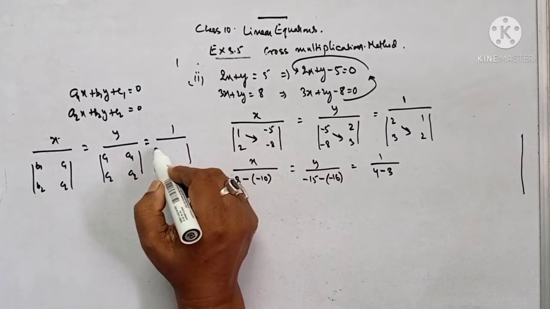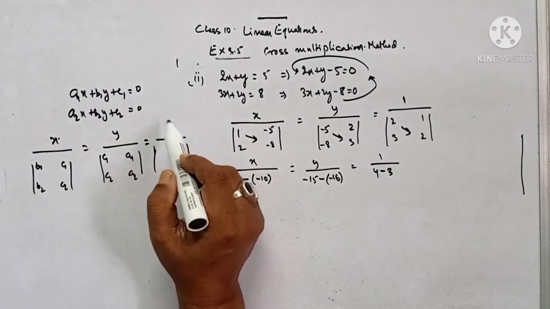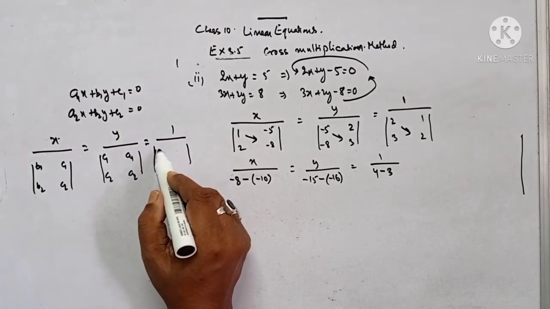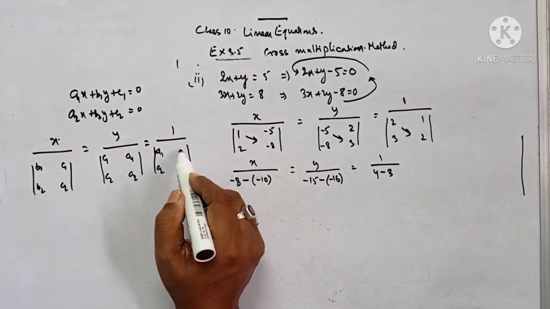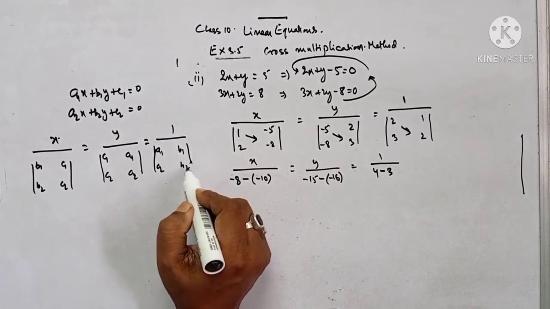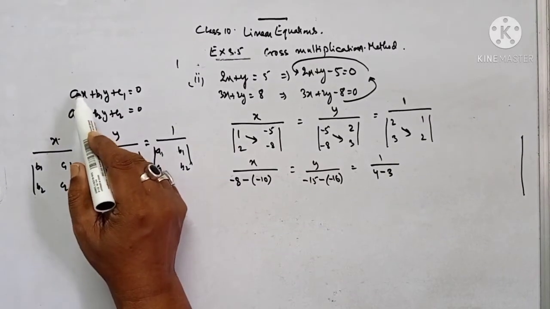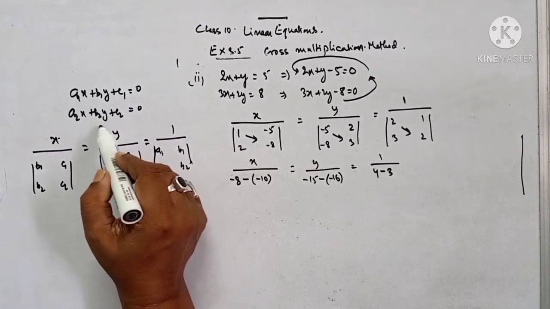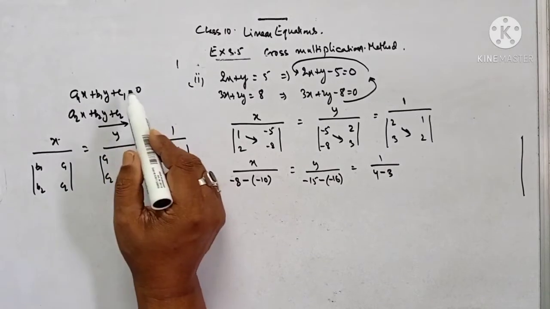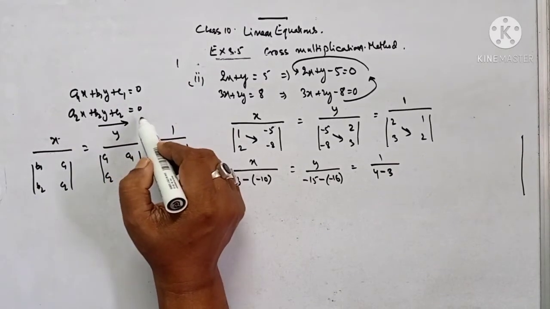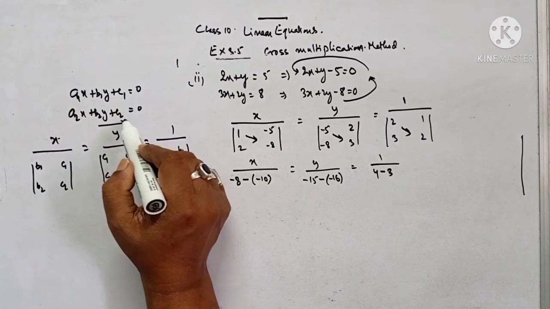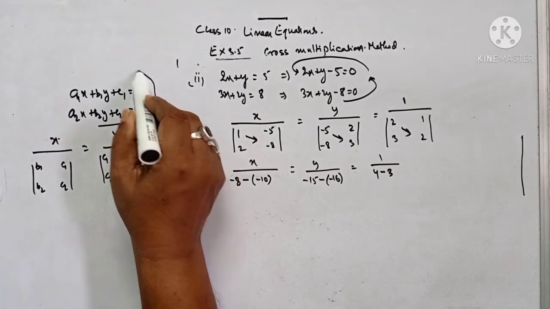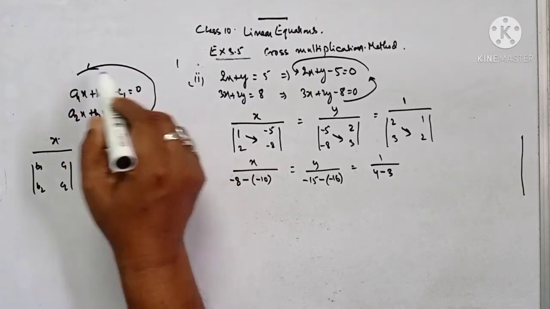And when we take 1, then this is removed, so a1 a2 b1 b2. See, when we take x, this is removed, that means we have b1 b2 c1 c2. That means we are shifting towards the right. And when we take y, then c1 c2 and a1 a2, therefore means we are moving in anti-clockwise direction.